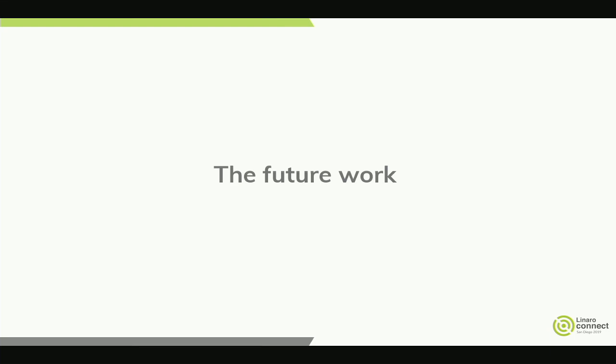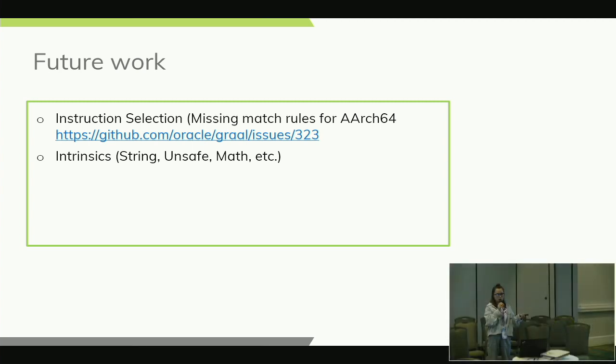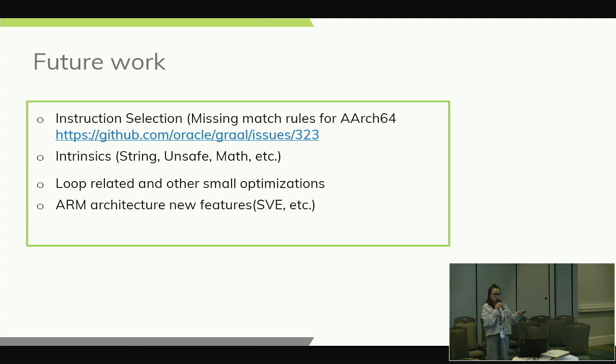So next, I will talk about our future work. In future, we will continue doing the backend optimizations on AArch64, adding all the missing match rules and intrinsics. Also, in the middle end, there are still some optimizations, like loop related ones, that still have some issues to be improved.